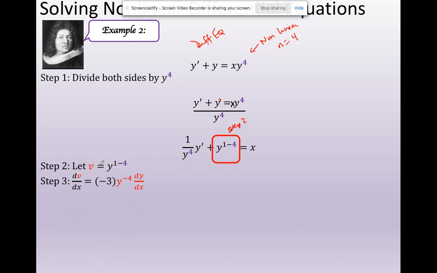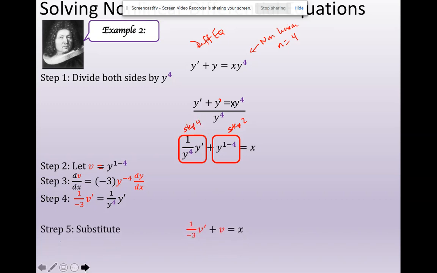Take the derivative with implicit differentiation, bring down the negative 3. Do your replacement. Multiply through by negative 3.